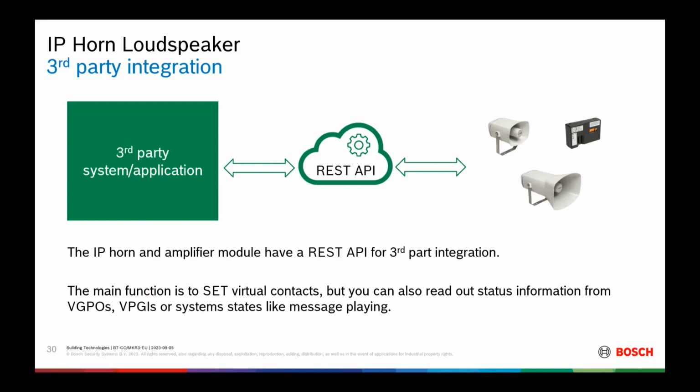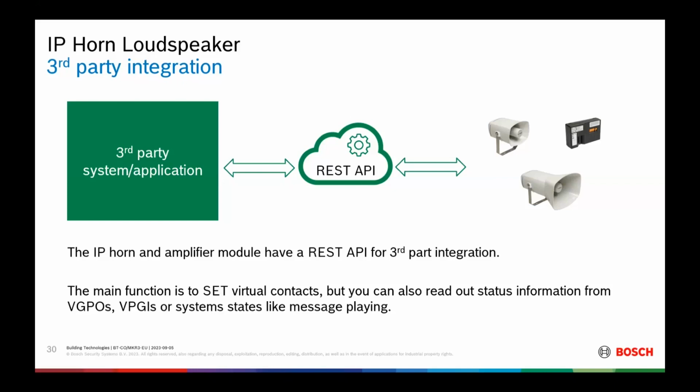How can a third-party integration be realized? In a system with many devices, an operator may want to centrally supervise all devices or start actions. A quick and easy way to do this is to share system states over an HTTP API, which communicates between the devices in a system via the hypertext transfer protocol.